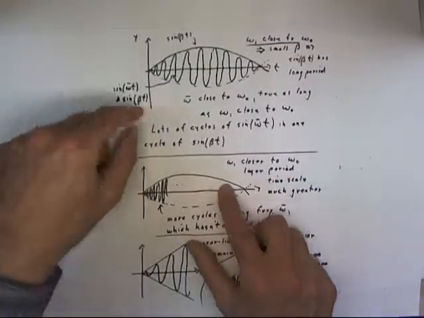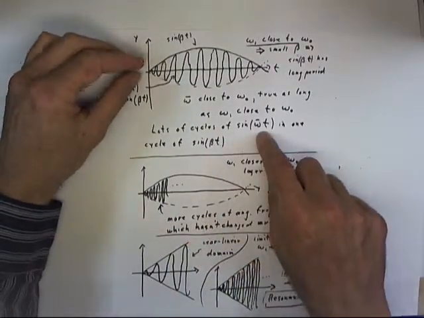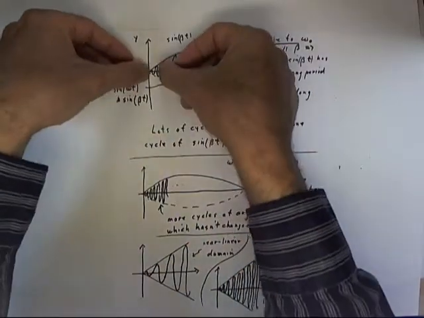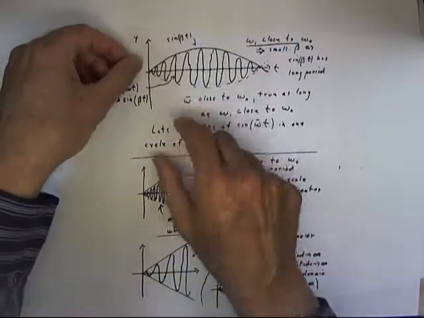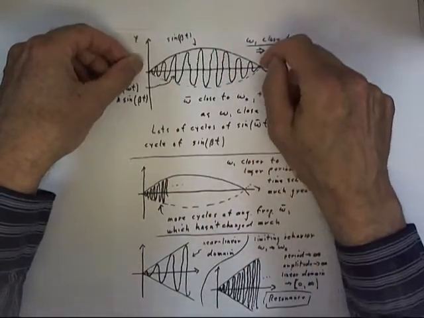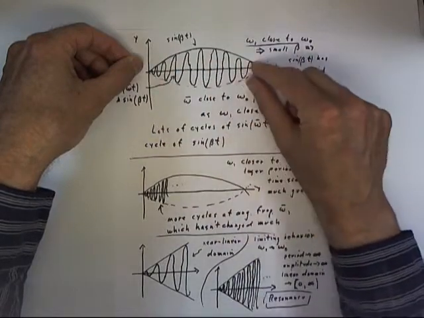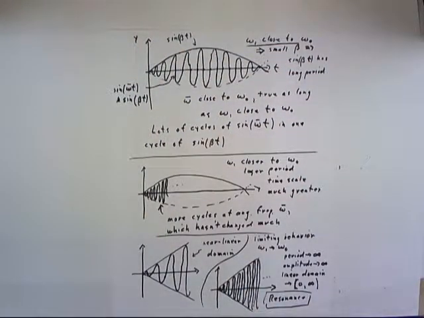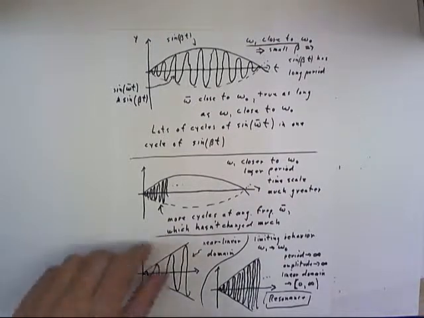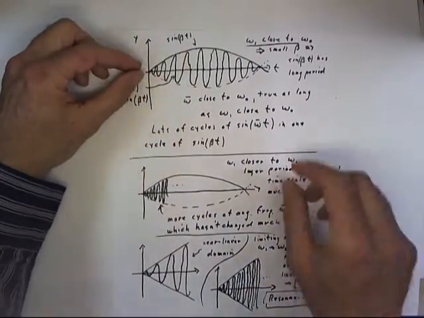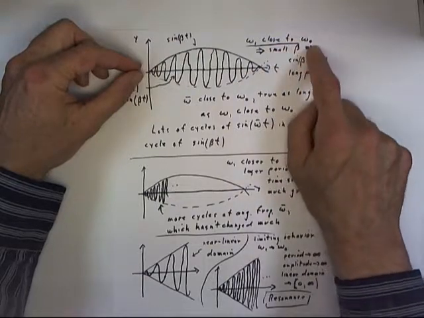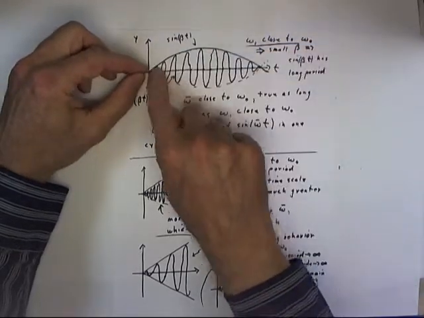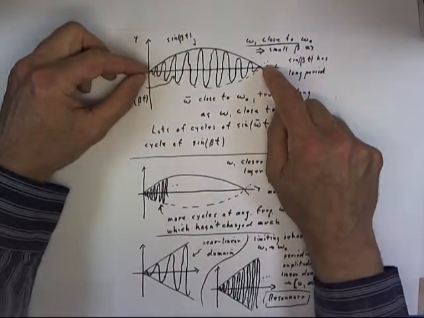So our cycles of omega bar t are going to have a period like this, and many of these periods are going to fit inside of one half cycle of the sine of beta t. As omega 1 approaches omega naught, this time scale from here to here is going to increase.